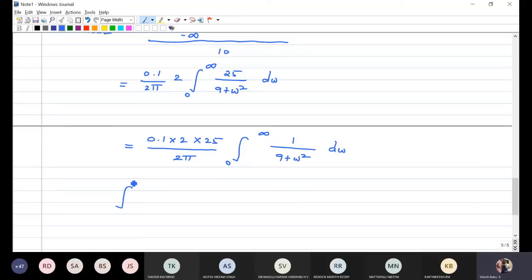This you might have studied in some mathematics course. Integral du divided by a square plus u square is 1 over a tan inverse u by a plus c. I put a box here.